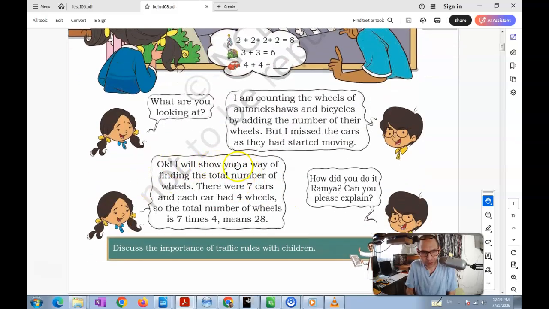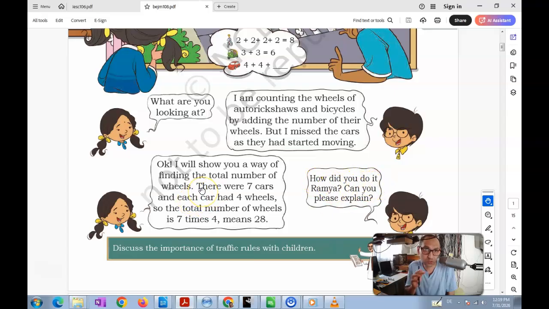Now she's saying, okay, I will show you a way of finding the total number of wheels. There were 7 cars and each car had 4 wheels. So the total number of wheels is 7 times 4, meaning 28. And he's asking, how did you do it?